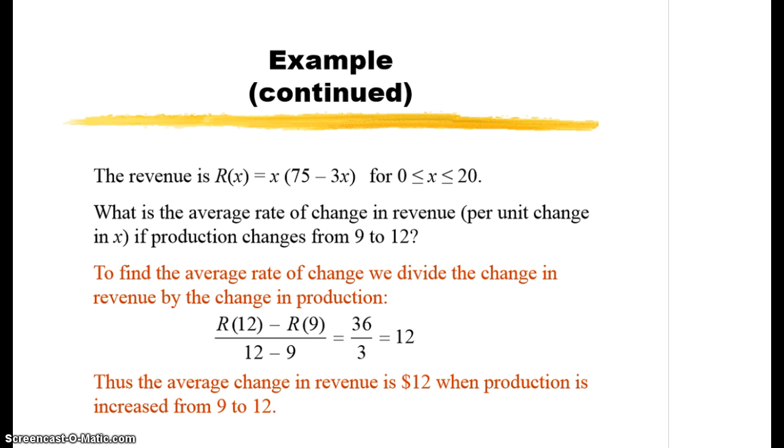To find that, once again, we have to do R12 minus R9, but we have to divide the change in revenue by the change in production, in other words, 12 minus 9, because we went from 9 units to 12 units. So even though we still have that $36 increase, now we divide by the number of widgets that we've increased production by, which will be 3. So 36 over 3 is 12. We say the average change in revenue is $12 when production is increased from 9 to 12.